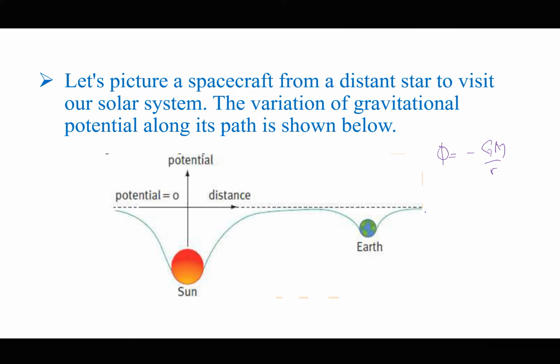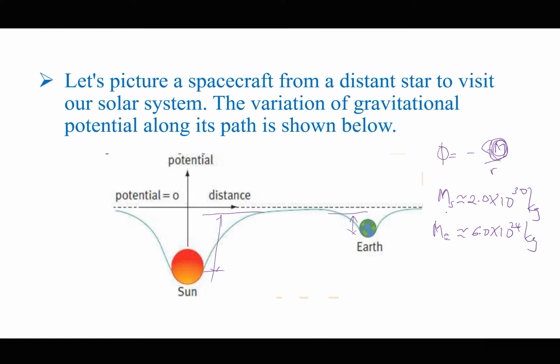Now you may be wondering, why is it that the change in potential here for the sun is not the same as the change in potential here for the earth? Note that the potential depends on the large mass creating the field. And we know that the mass of the sun is approximately 2.0 times 10 power 30 kilograms, and the mass of the earth is approximately 6.0 times 10 power 24 kilograms.